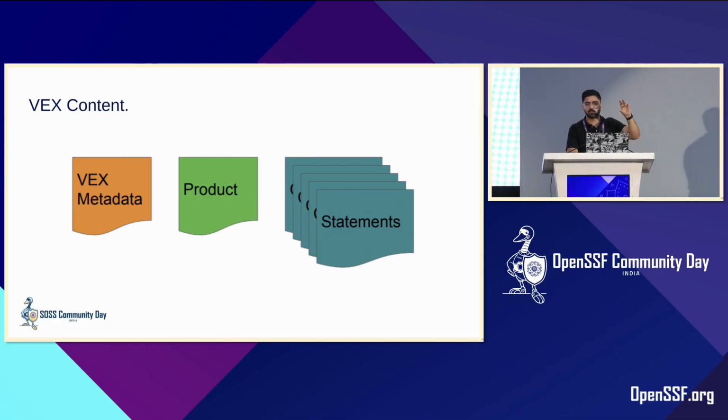It includes the name of the product, the version number, and who the supplier or vendor of that product is. And statement includes all the information related to vulnerabilities, maybe one vulnerability that is a CVE, and that will include status, justification, and other things. We'll get back to that again.